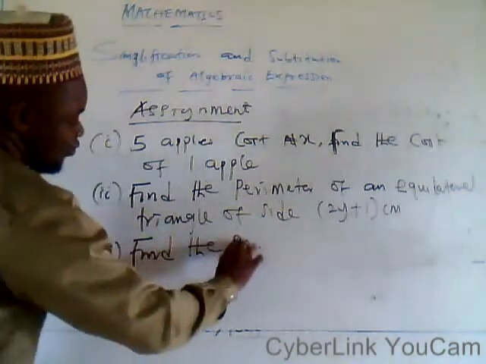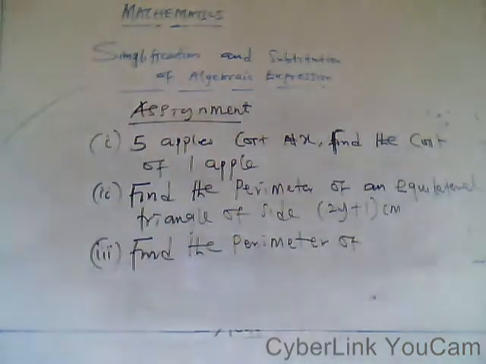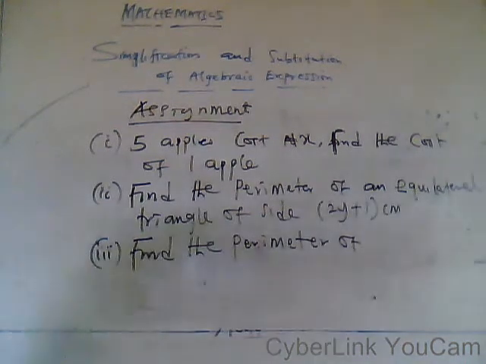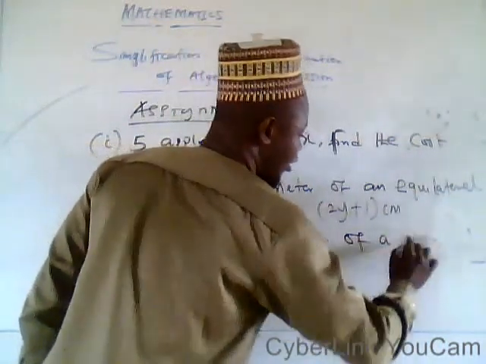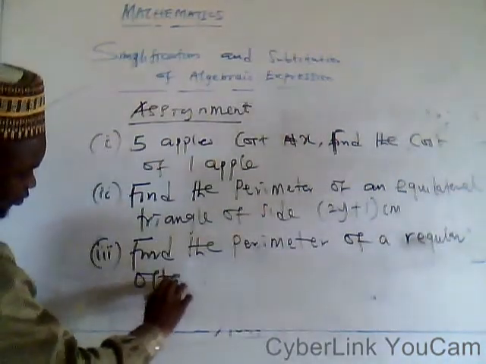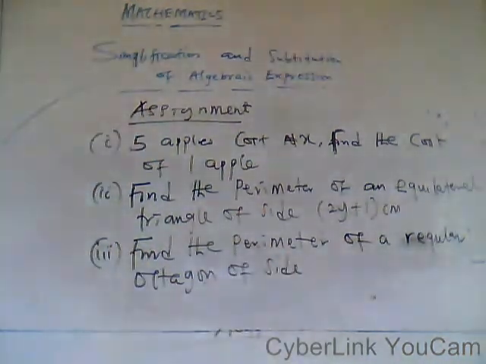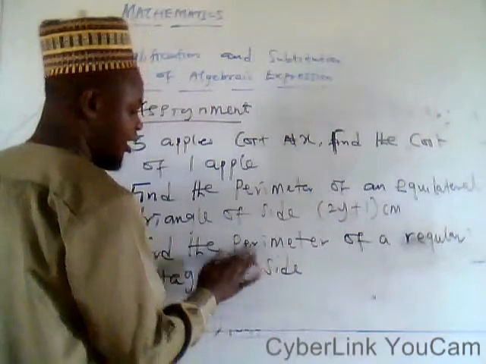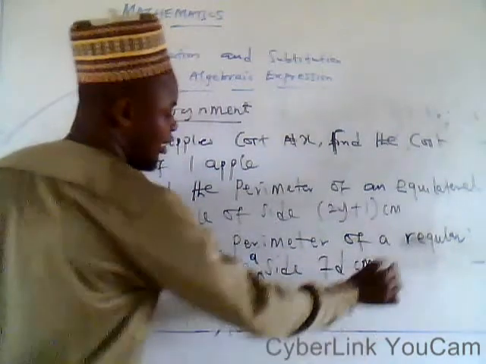You also find the perimeter of a regular octagon of side 70 centimeter.